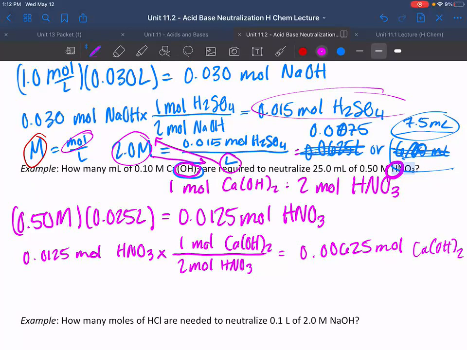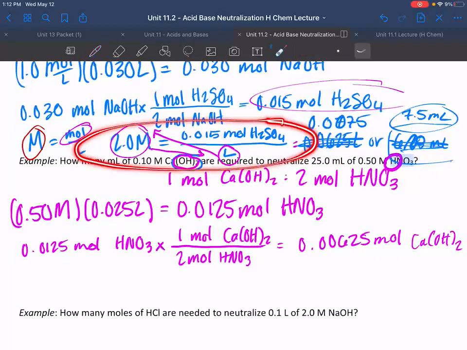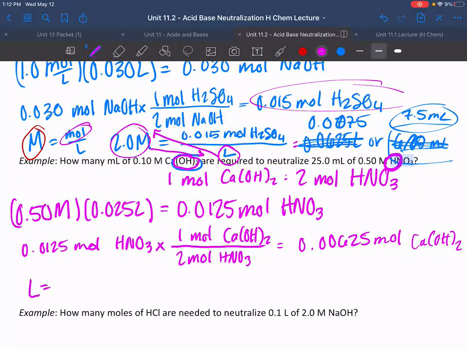For here, again, we're looking for how many milliliters. We're going to use a similar setup as in the previous problem, where if we're solving for liters, that's equal to the moles over molarity. In our case, it's 0.00625 moles over 0.10 molar.